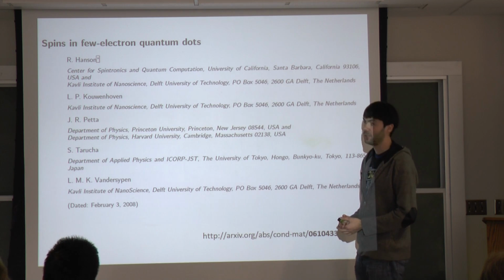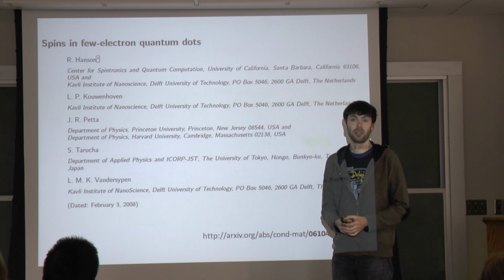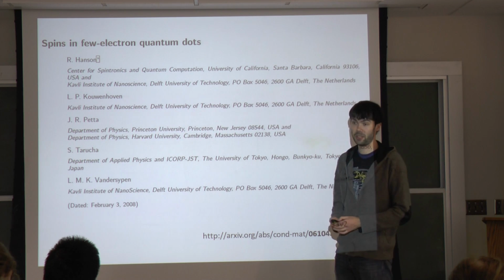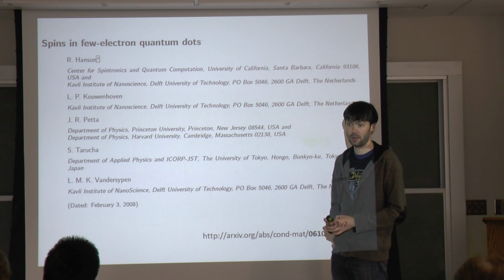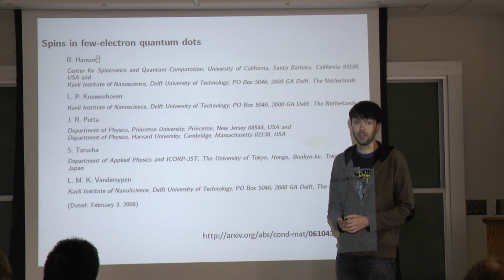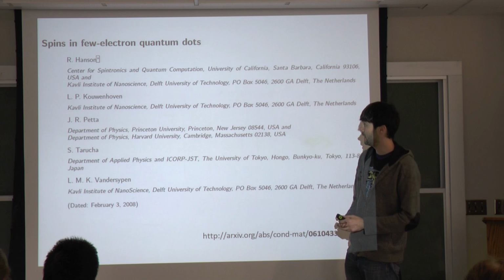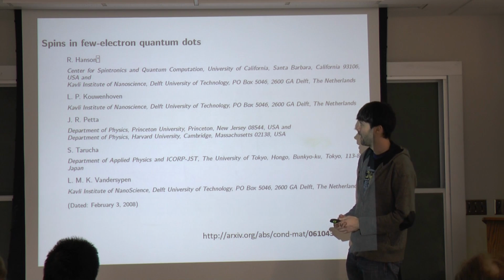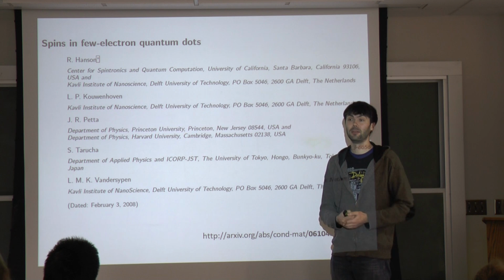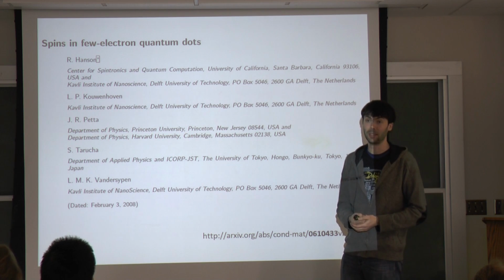A lot of the material that I will cover, especially the basics of spin states, but also interactions, can be found in this review by Ronald Hanson and others, called Spins in Few-Electron Quantum Dots. So this literally follows the title of the lecture.